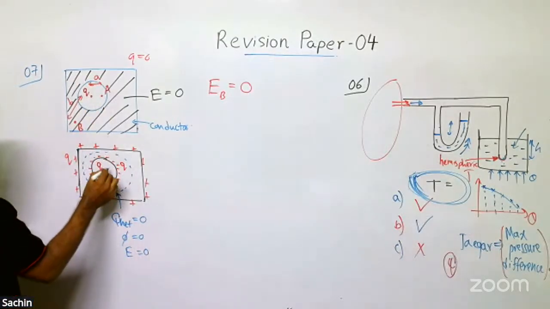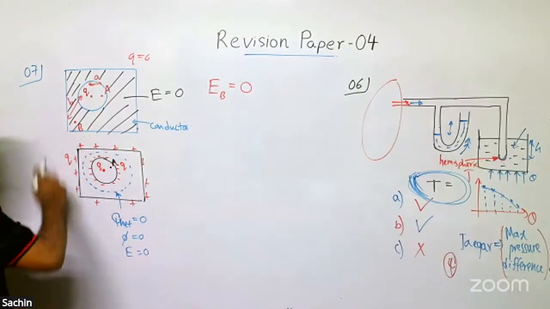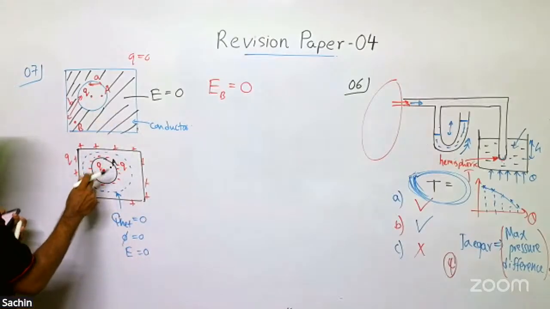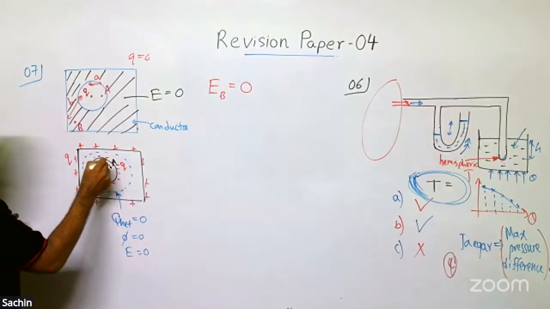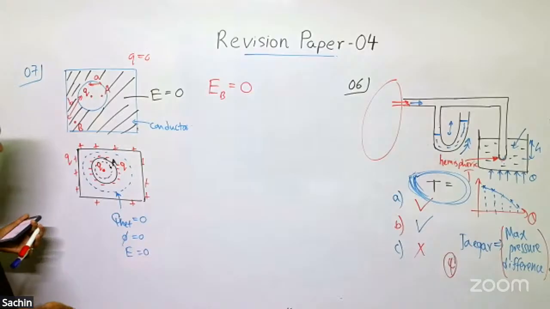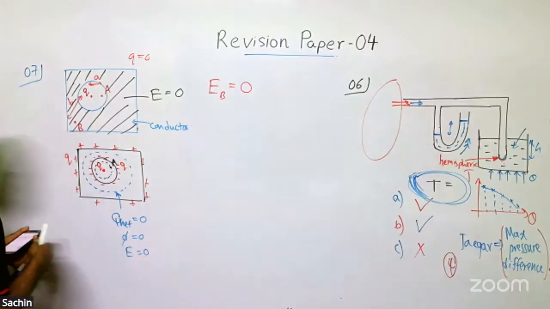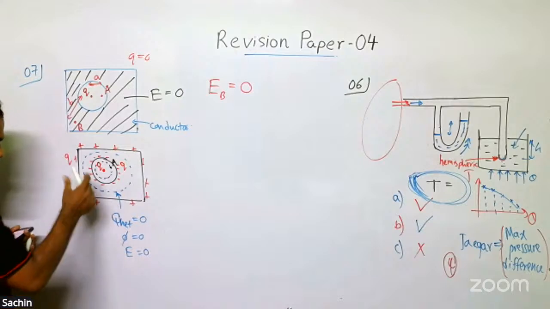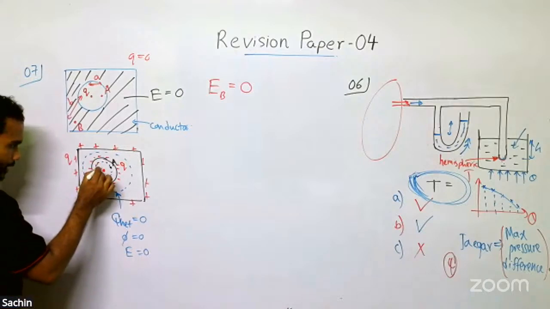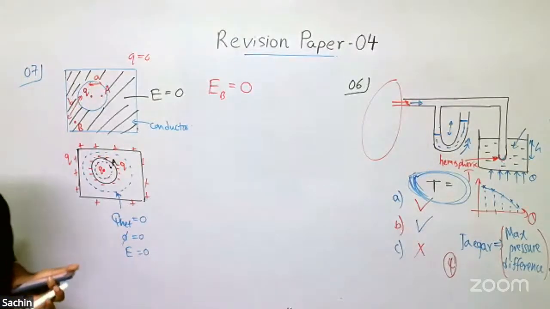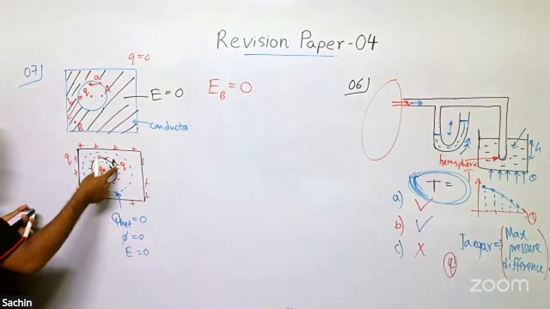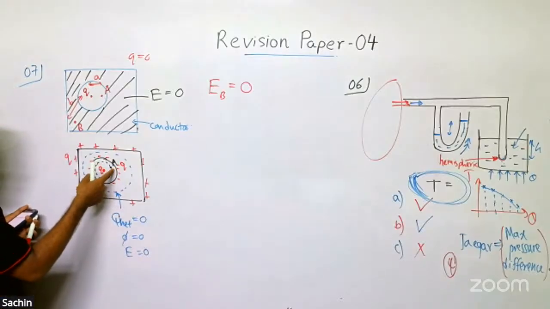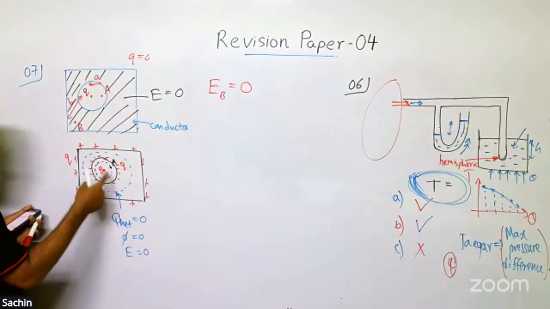So for point A, this is the charge distribution for the region. If you want to calculate this electric field at point A, you just have to consider the charges which are positioned inside the Gaussian surface drawn through A. If you draw a Gaussian surface through point A, only this point charge is there inside it.